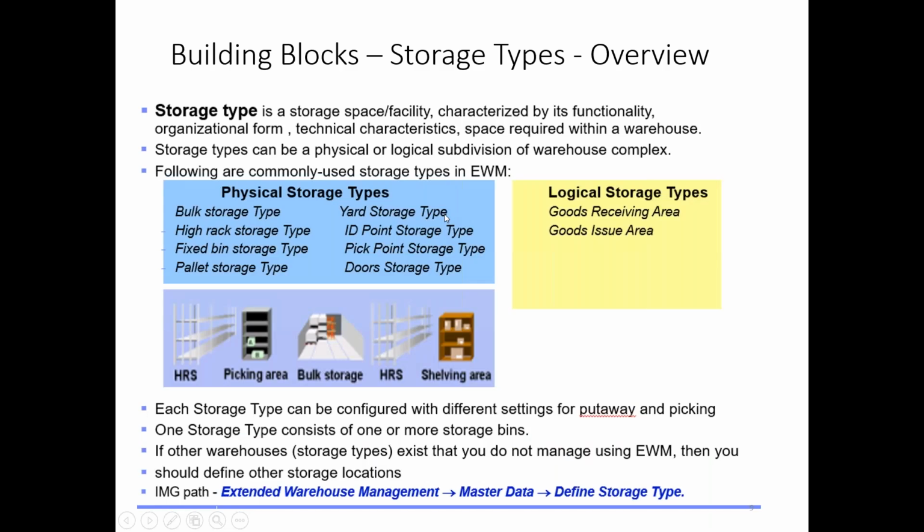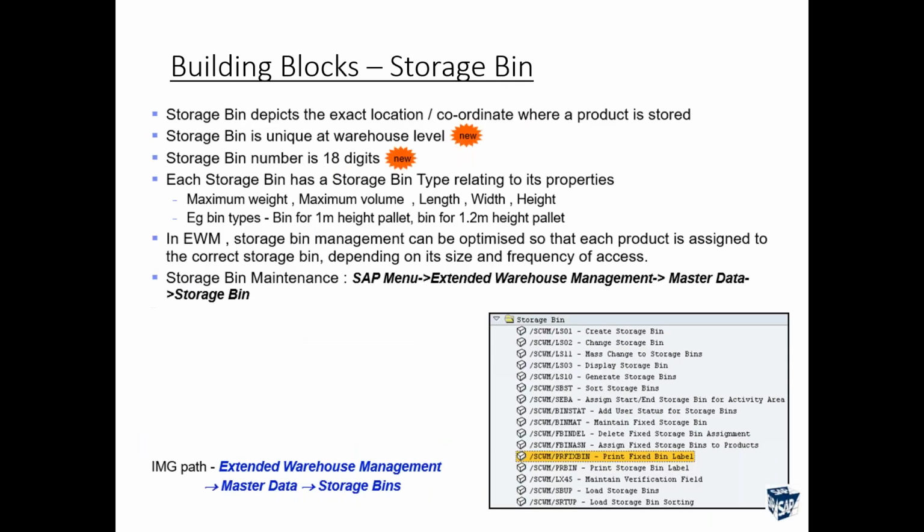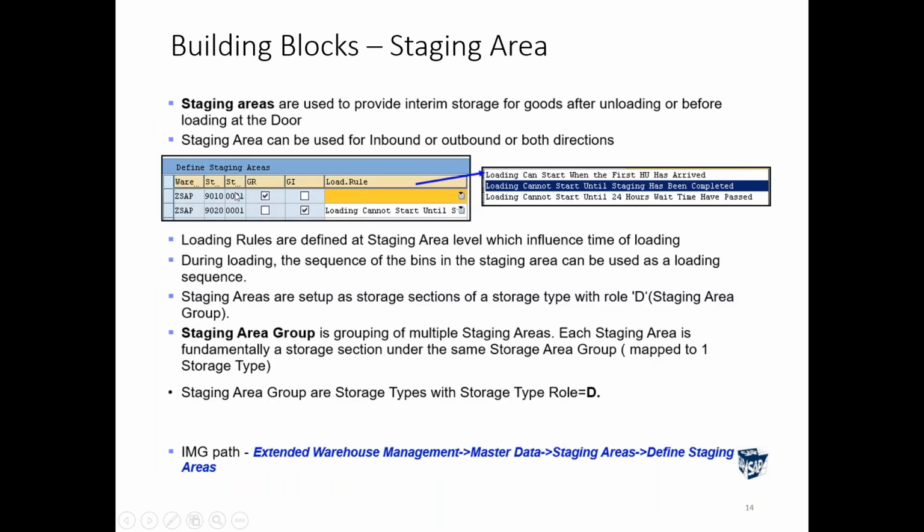Okay, so we will just skip the storage types, sections, bins, activity area, and door, which we already talked about, where the truck comes, for loading and unloading. We have the staging area, which is for the temporary storage of goods for loading or unloading.